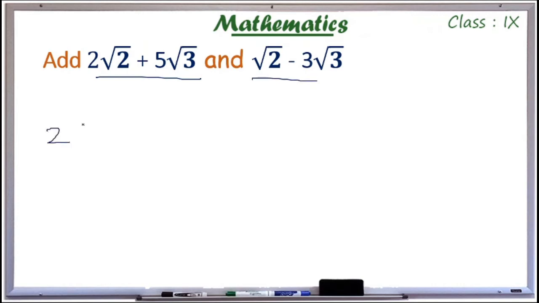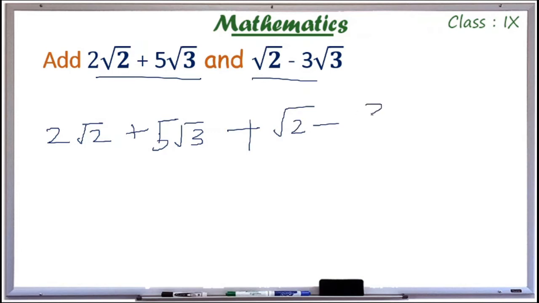So 2 root 2 plus 5 root 3 plus root 2 minus 3 root 3. So we are adding this, and we have two irrational numbers, root 2 and root 3.